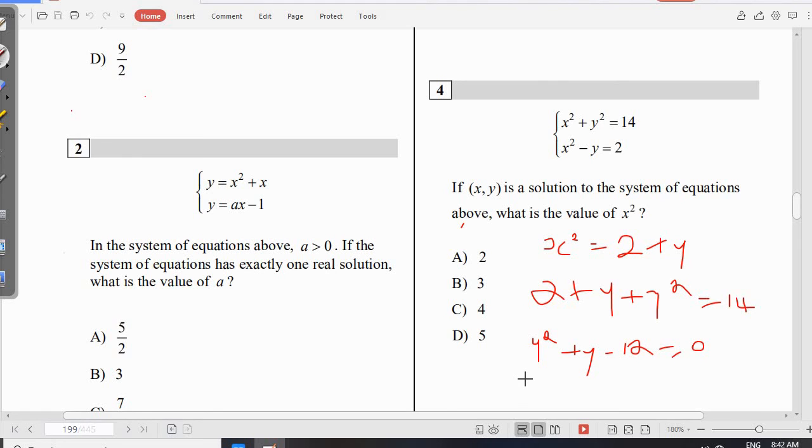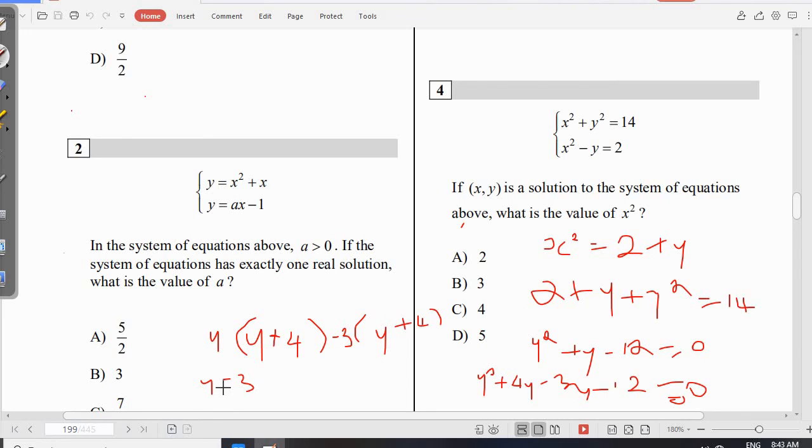If you want to use a quadratic factorization method, where you have y squared plus 4y minus 3y minus 12 equal to 0, so your two options would be y plus 4 and y minus 3.